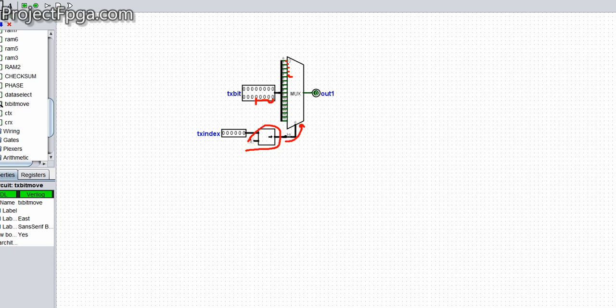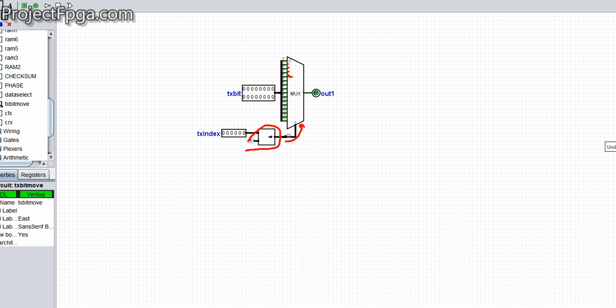Then assuming the value of TS index is 18, it passes through here. You are going to get 9 at the output, so you check the 9th bit, which should be this 0 here. So that is why they divided it by 2 here.